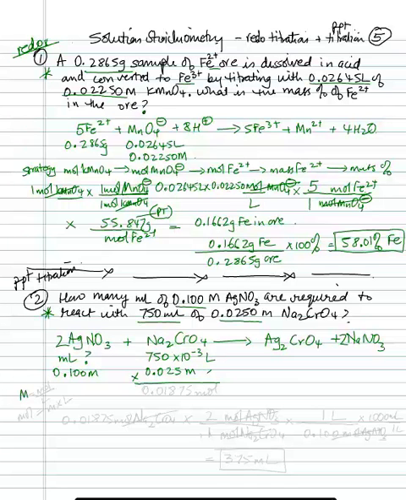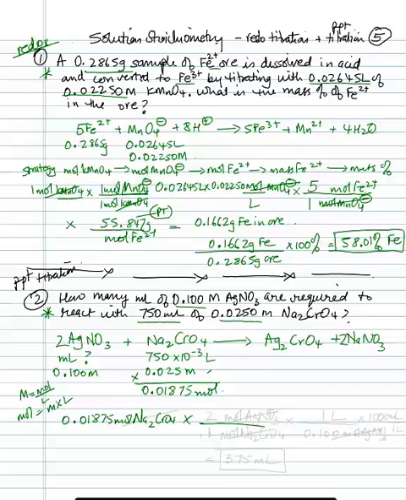Remember, molarity is moles over liter, so moles is molarity times liter. So that's what we're going to do over here, and that is 0.01875 moles of sodium chromate.